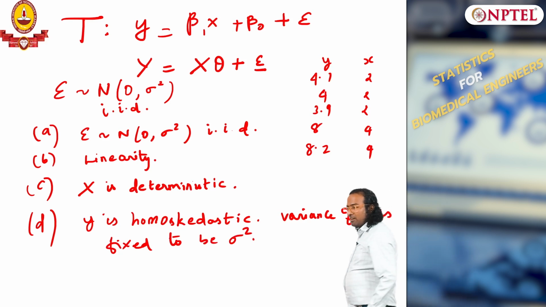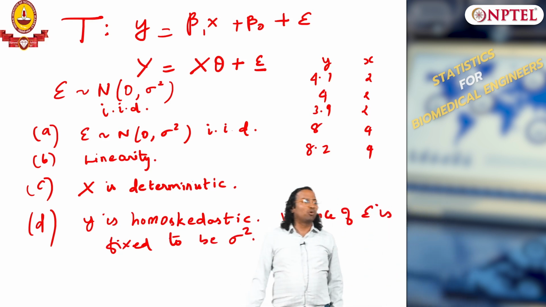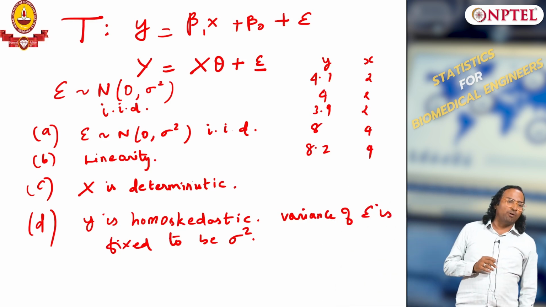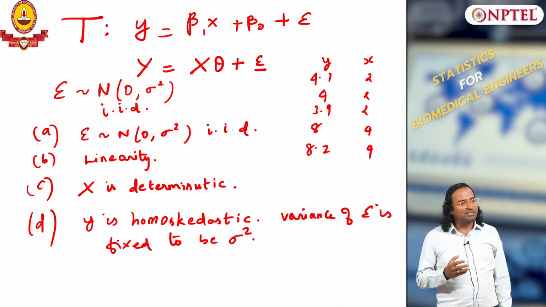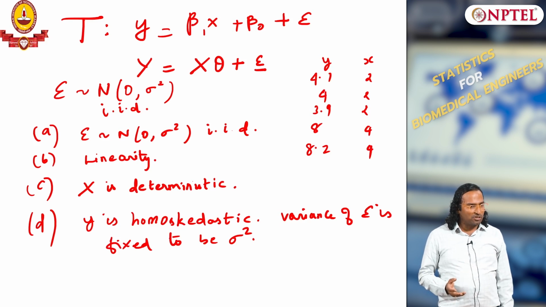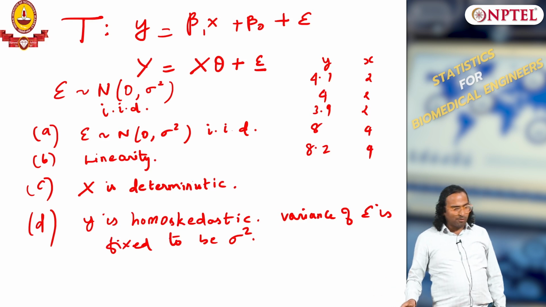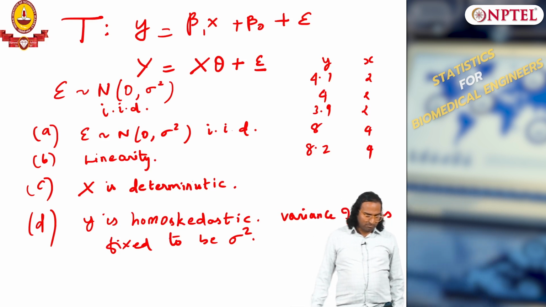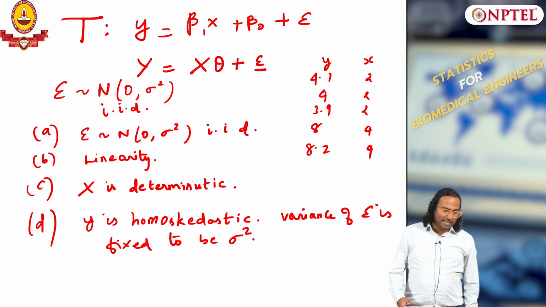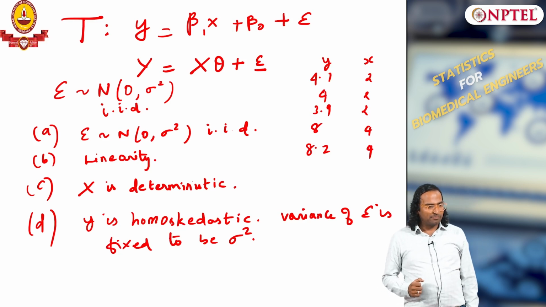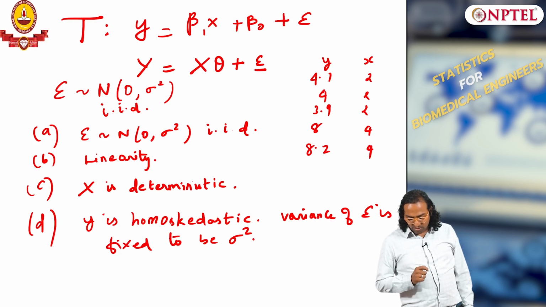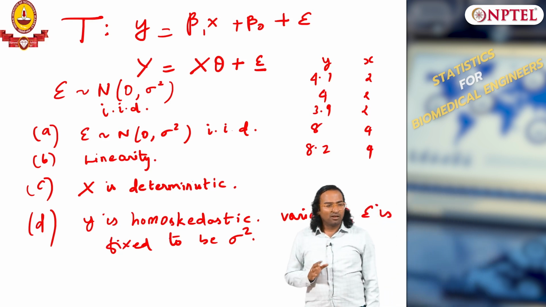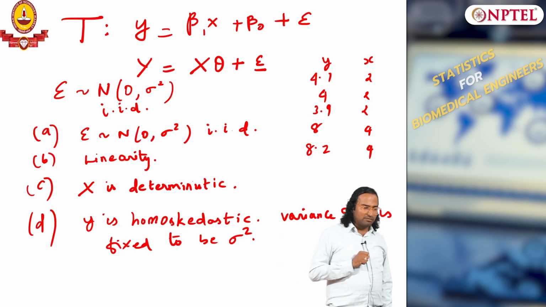So, this is an important assumption we make, y is homoscedastic, meaning the variance of y is fixed to be sigma square, which is the variance of noise, okay. We will see graphically what this assumption means. So, these are the key assumptions we make, okay. X is deterministic, y is homoscedastic, the linearity assumption, the assumption of noise being Gaussian, and IID, okay.